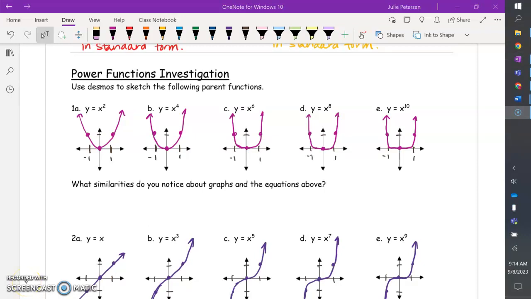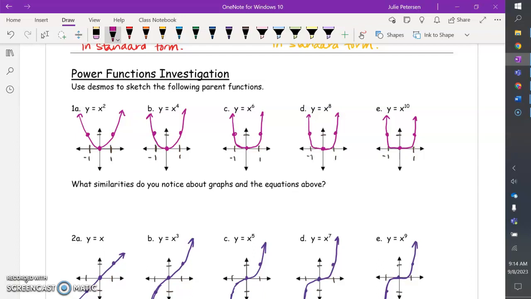Okay, so hopefully you went over to Desmos and typed in these different power functions. The first few we asked you to do, x squared, x to the fourth, x to the sixth, x to the eighth, x to the 10th, all had some points in common, like (0, 0), (1, 1), and (negative 1, 1). But the shape of the graphs looks a little bit different. Let's talk about what they have in common.